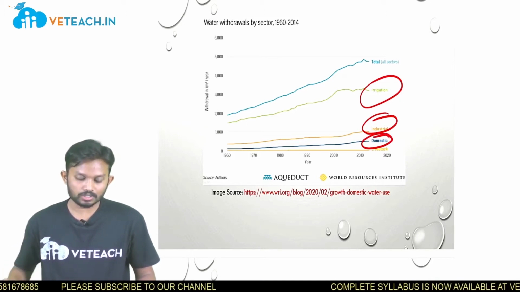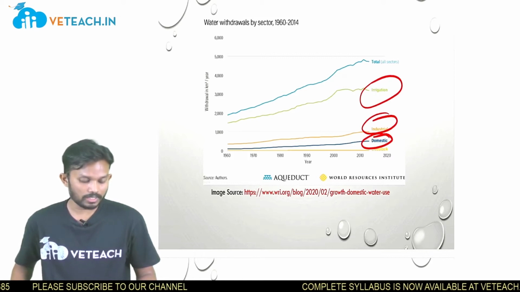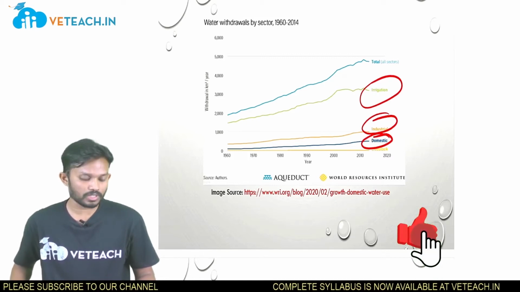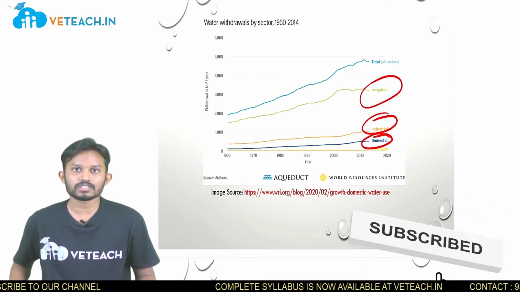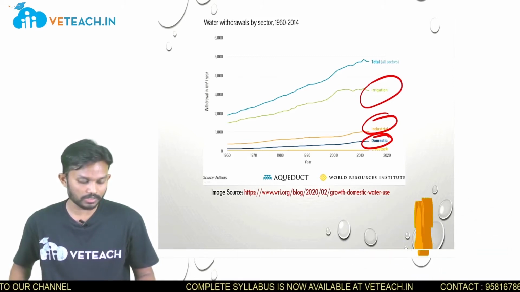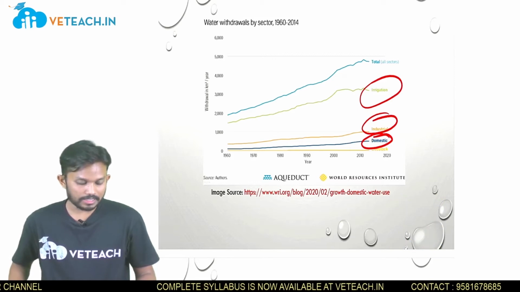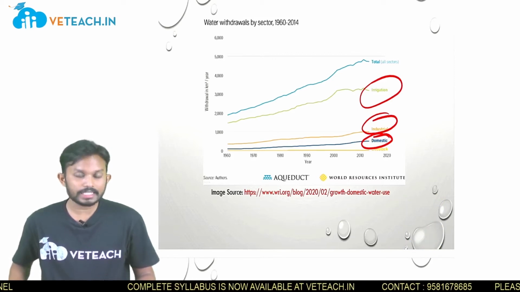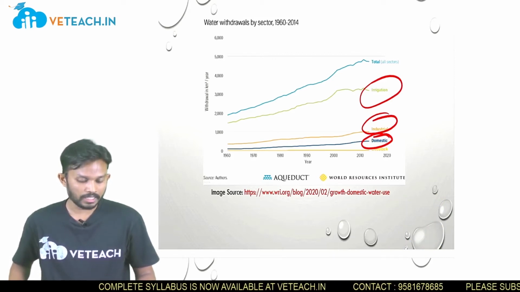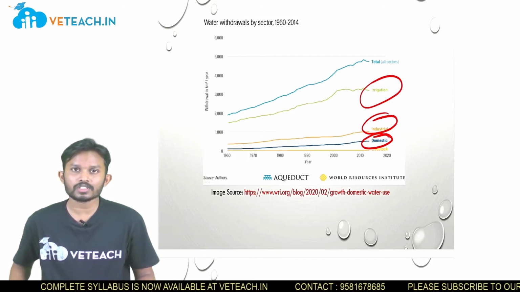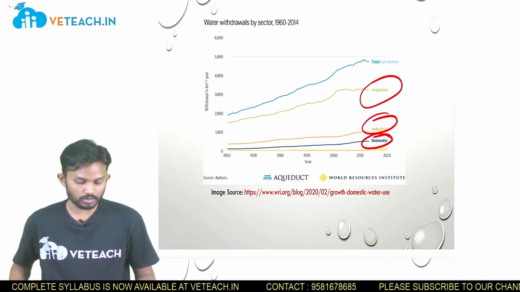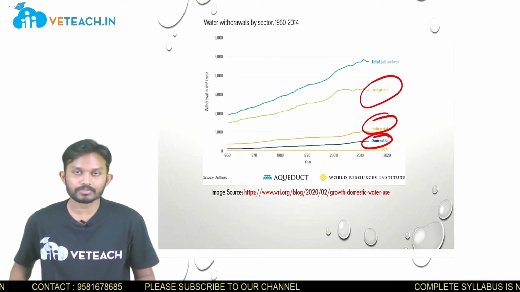Domestic accounts for only about 1000 square kilometers per year, the industrial sector accounts for nearly 1000 square kilometers per year, and irrigation accounts for more than 2000 square kilometers per year.